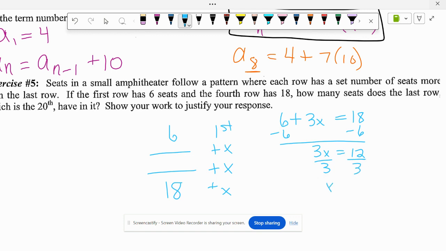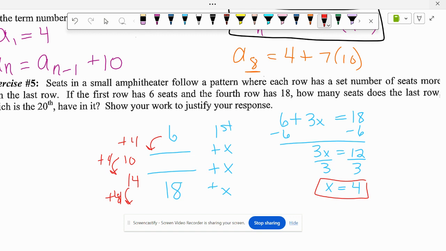And I find out x, the number that I'm adding to each row is what? 4. The number that I'm adding each time is 4. So 6 plus 4 is 10. 10 plus 4 is 14. 14 plus 4 is 18. Right. Do you guys see how that works?